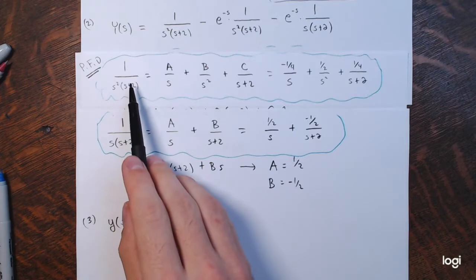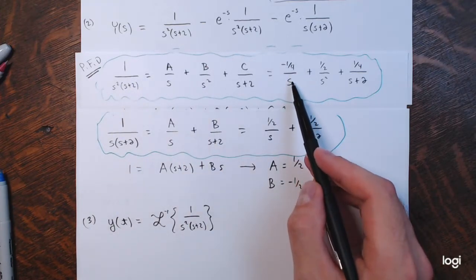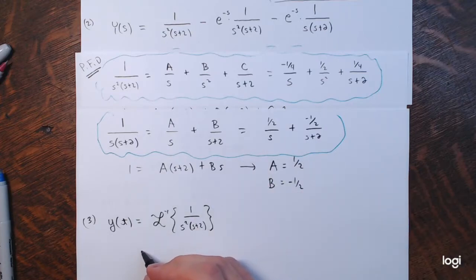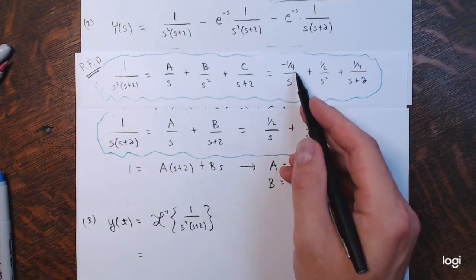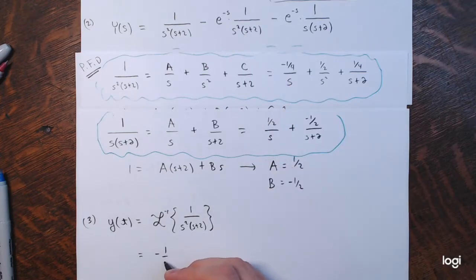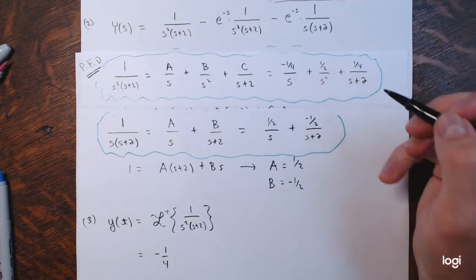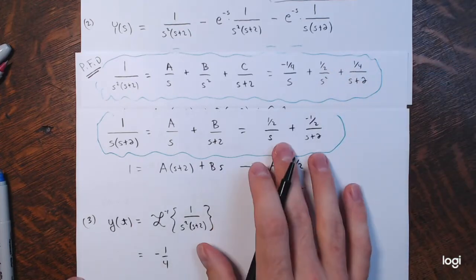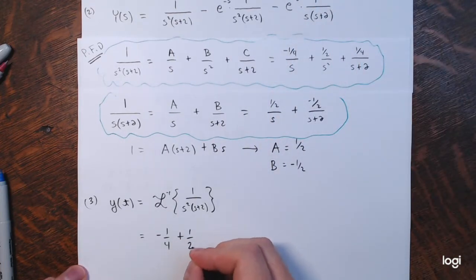Now we can see from here, 1 over s squared times s plus 2 is negative 1/4 times 1 over s. The inverse Laplace transform of 1 over s was 1, so it's negative 1/4. 1 over s squared had an inverse Laplace transform of t, so plus 1/2 t.